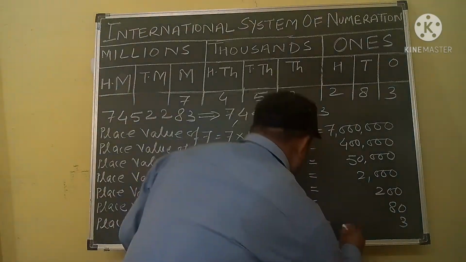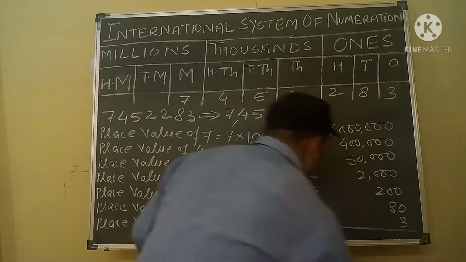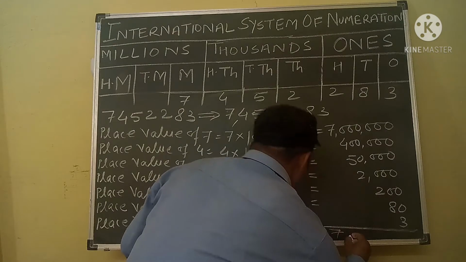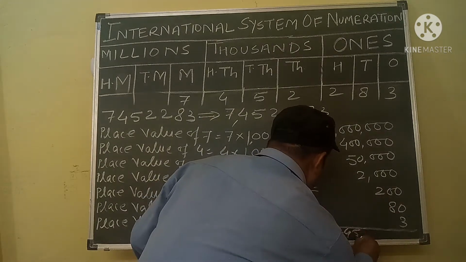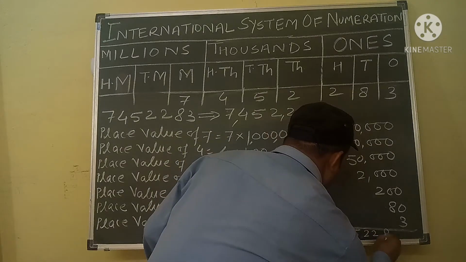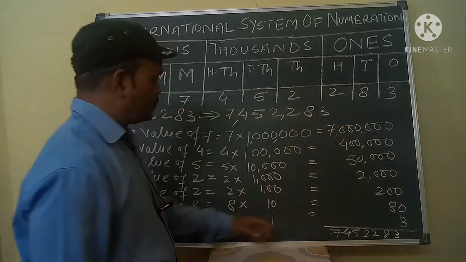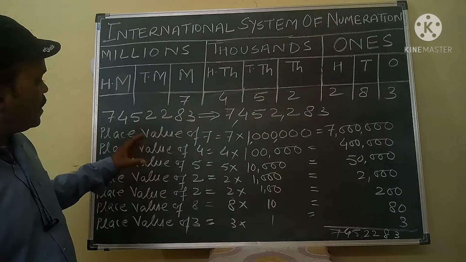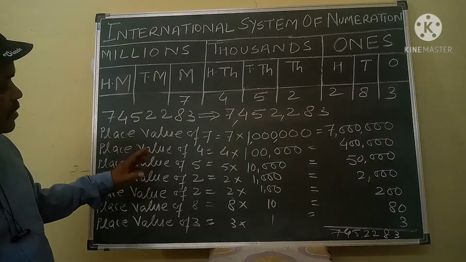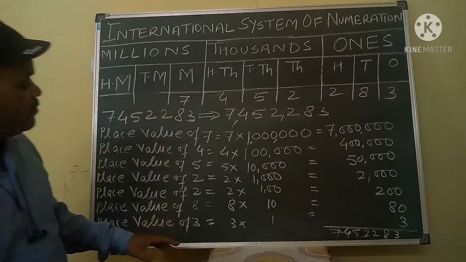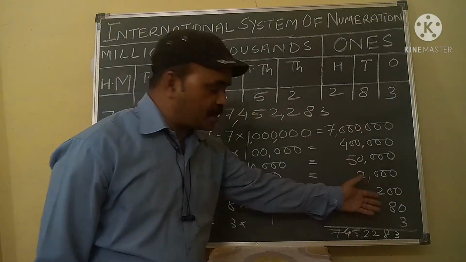Then we will get 7, 4, 5, 2, 2, 8, 3. After finding out the place value of each digit in this number, we will add all these products.